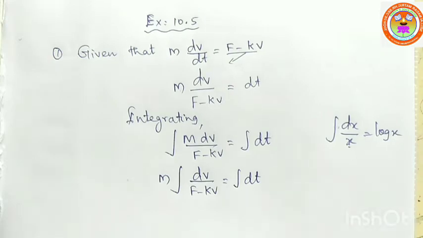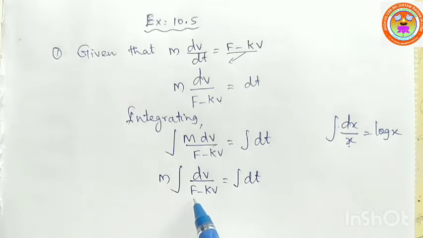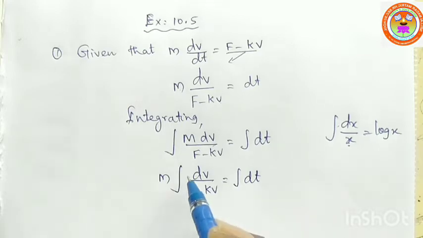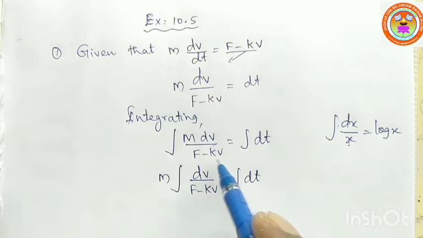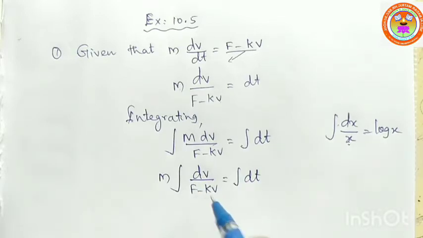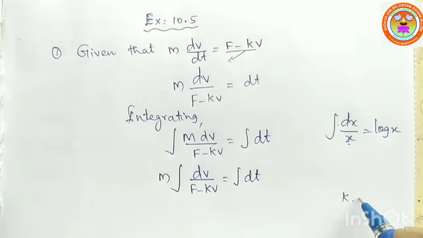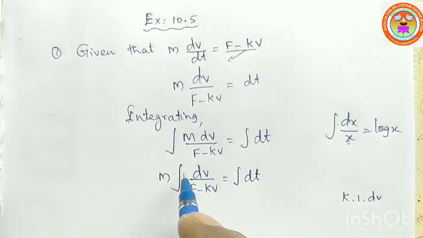In a similar way, here the differentiation of F is 0 since it is a constant. Then minus k, which is also a constant. Differentiation of v is 1 into dv. But we need this k into 1 into dv term in the numerator, and it is not there.